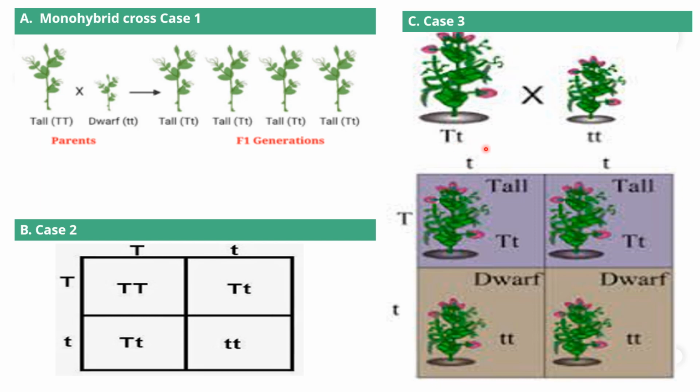If they are asking about a cross of a heterozygous dominant parent with a homozygous recessive parent, then the progenies will be like this. If both the parents are heterozygous, then the progenies will be like this. If one parent is pure tall and the other parent is pure dwarf, then all the progenies will be heterozygous tall, dominant tall.